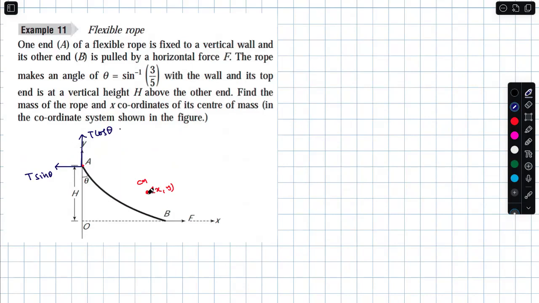I am assuming the center of mass here. Through the same point acts weight mg, and they have already given some F over here. And remember, this is the tension, and that makes an angle theta with the vertical, and theta we know.